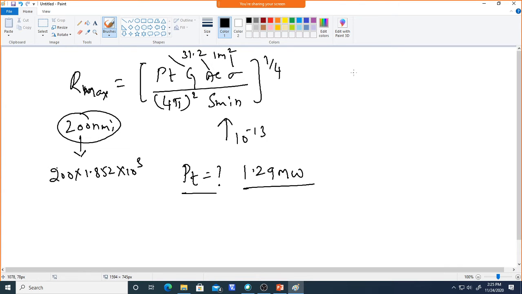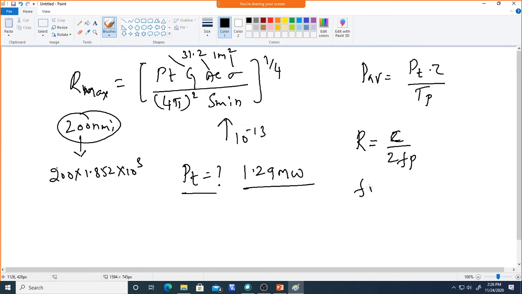Now calculate the average power, which is Pt into tau divided by Tp. How can we find the Tp value? You know the maximum unambiguous range is given by C by 2 into Fp.